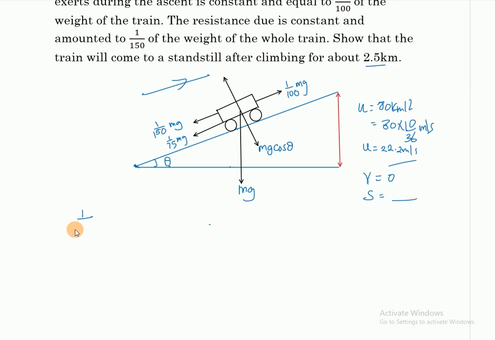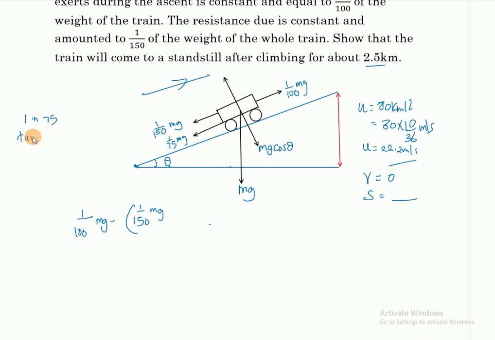So I have 1/100 mg minus the sum of these two. This is 1/150 mg. They say that is the resistance. The resistance is constant and amounted to 1/150 of the weight. Then this other one here, 1/75 mg, is the mg sin theta. Remember, they say that the incline is 1 in 75.